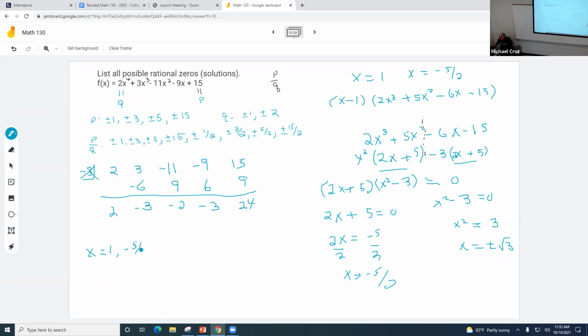So we would have had to go all the way through almost all of them to get this. And then these are the rational ones. And then this one is x equal to negative square root of 3, square root of 3.